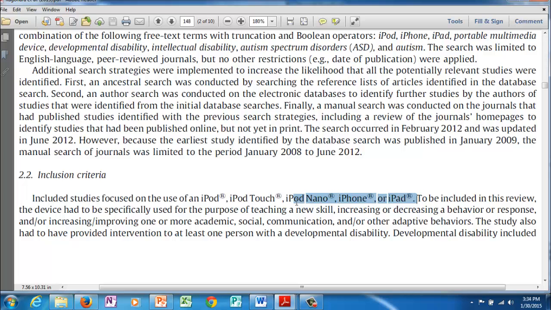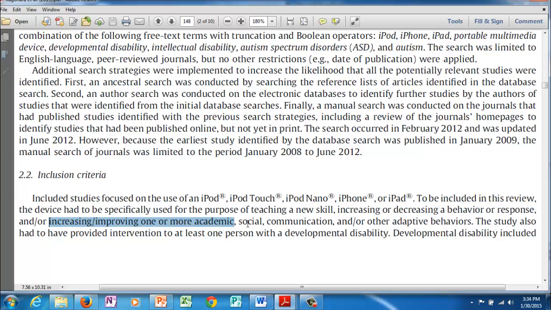To be included in this review, the device had to be used for the purpose of teaching a new skill, or increasing or decreasing behaviors. So increasing desirable behaviors, or decreasing undesirable behaviors.